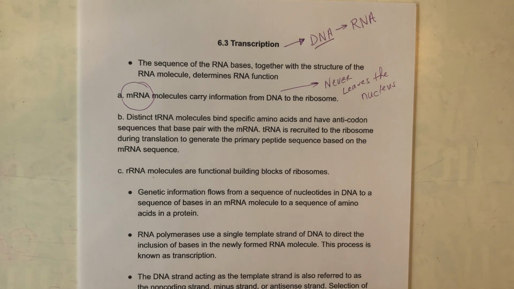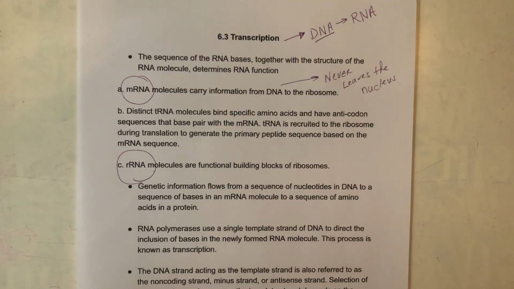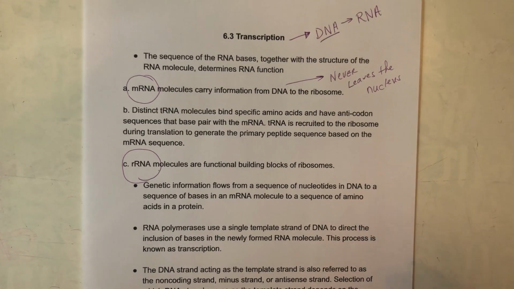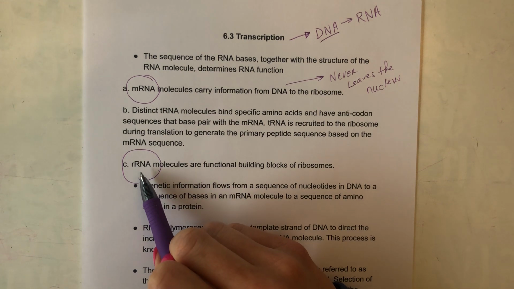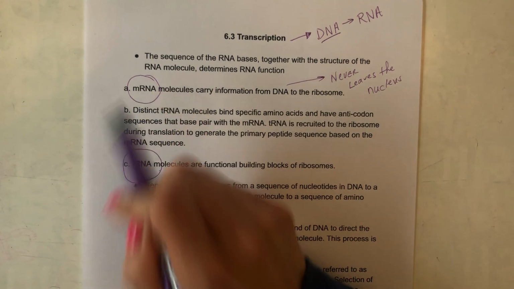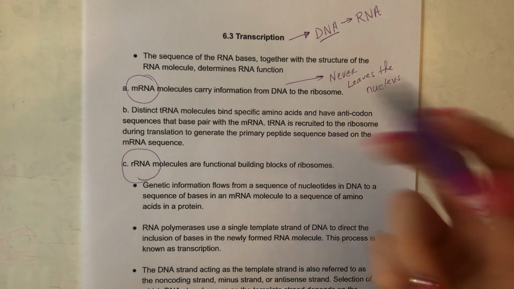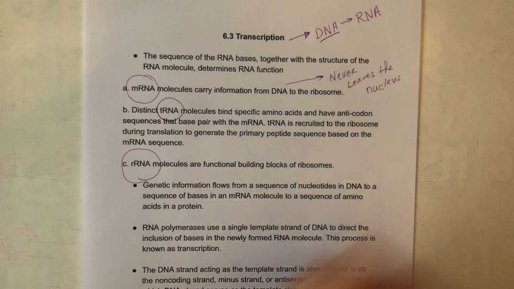Some other key players that are going to be important in this process are rRNA, our pirate RNA, so to speak, but this is going to be our ribosomal RNA. This is a ribosome that is reading the message that's going to be then turned into a protein. And then finally, we're going to talk about transfer RNA.